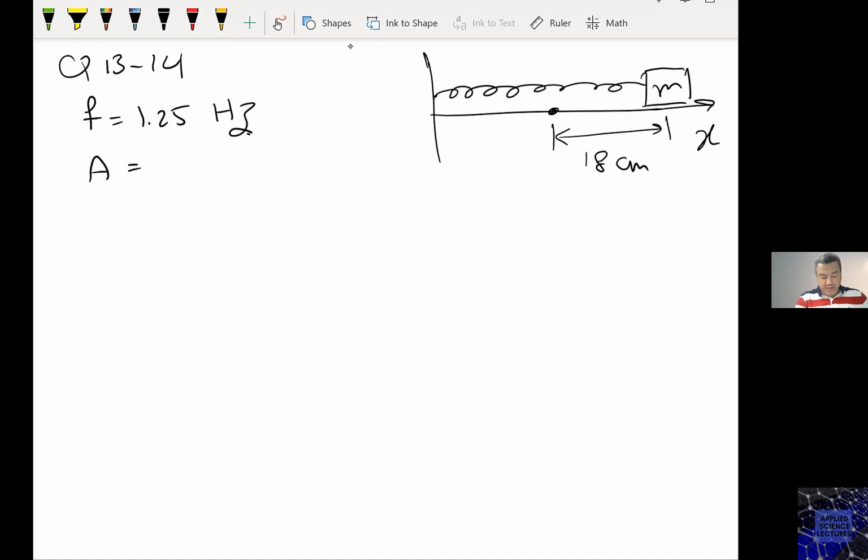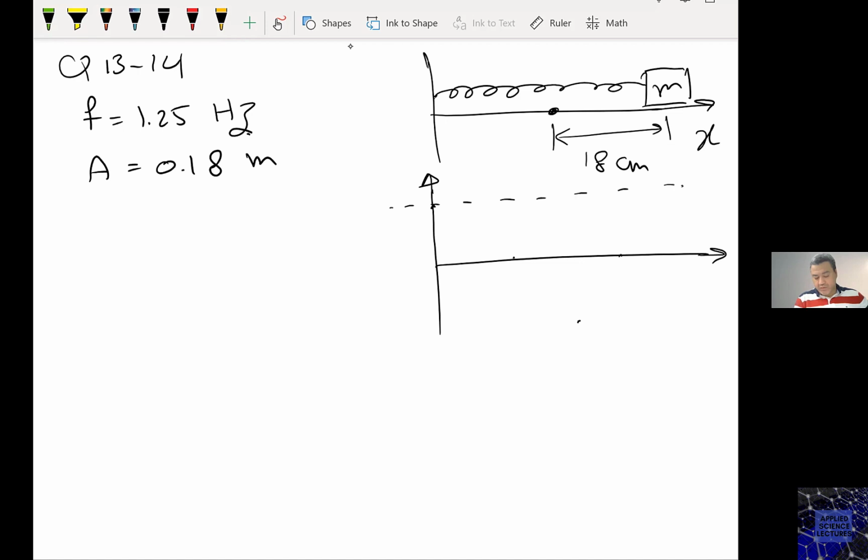We have the amplitude 0.18 meter. My function here, this is my A. At t equals 0, this point was here.